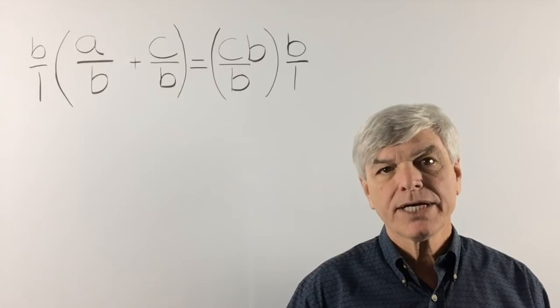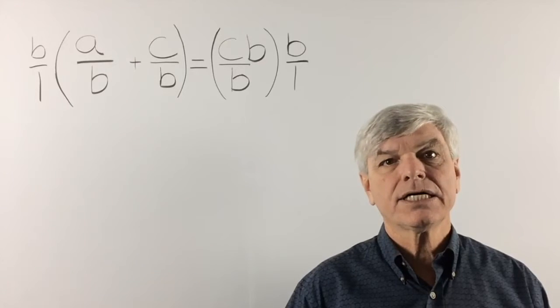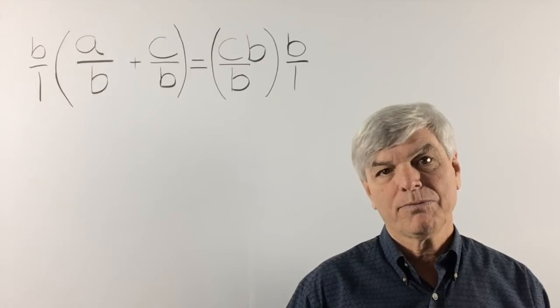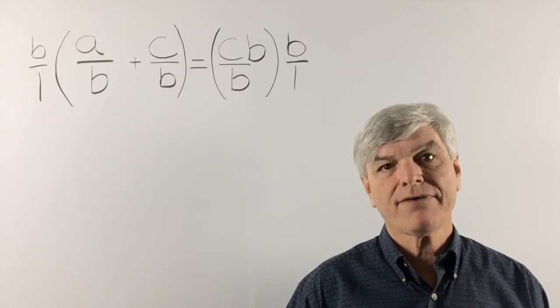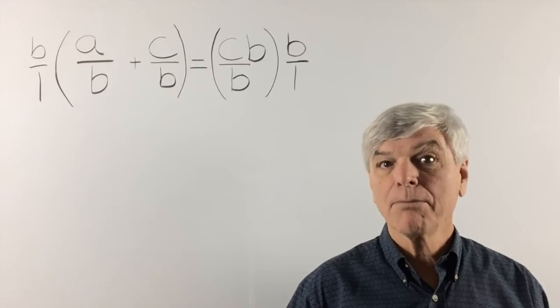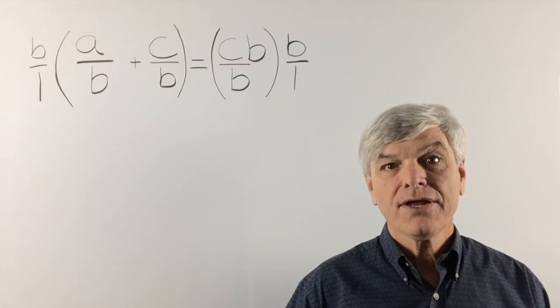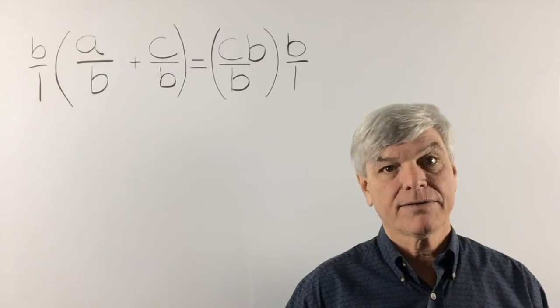Now, I believe I showed you how to do this in an earlier lesson. And all you need to know is that if you have a common denominator on all of your fractions on both sides of the equal sign, then you can eliminate the denominator.